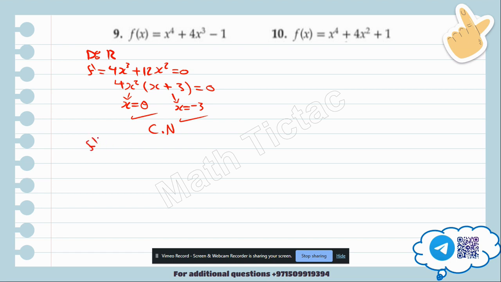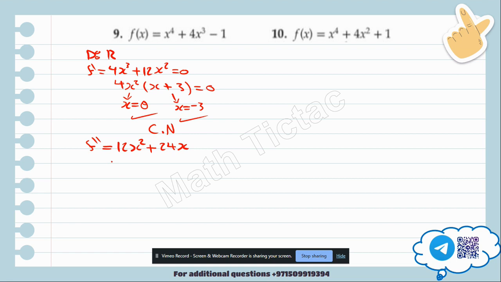Now, for the second derivative, I'll start with finding the second derivative. The derivative of this, 3 times 4, is 12x to the power 2, plus 24x. Of course, here you have to make the second derivative equal to 0.